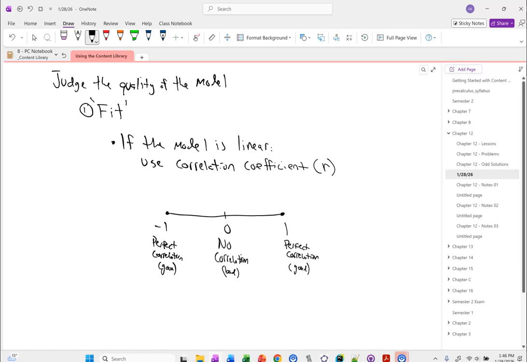Okay? If our R value is negative, it means our linear model would have a negative slope to it. And if it's positive, then our linear model is going to have a positive slope to it.